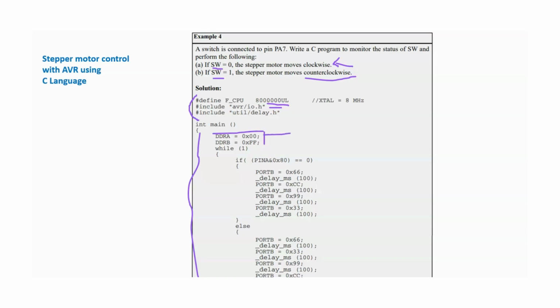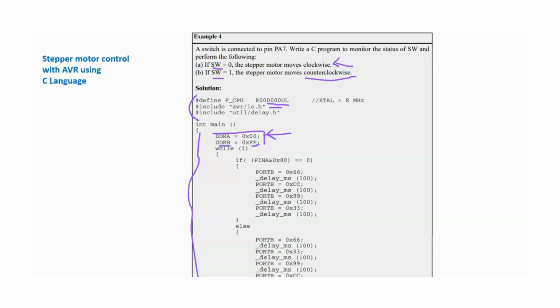Interestingly, the sensors are also input type because they are also used in addition to the motor. So the switches are connected at port A pins. We apply 00 to this port, as we know that by applying 00 we configure the port as input, and if we apply 11, which is FF in hexadecimal, we make the port output.